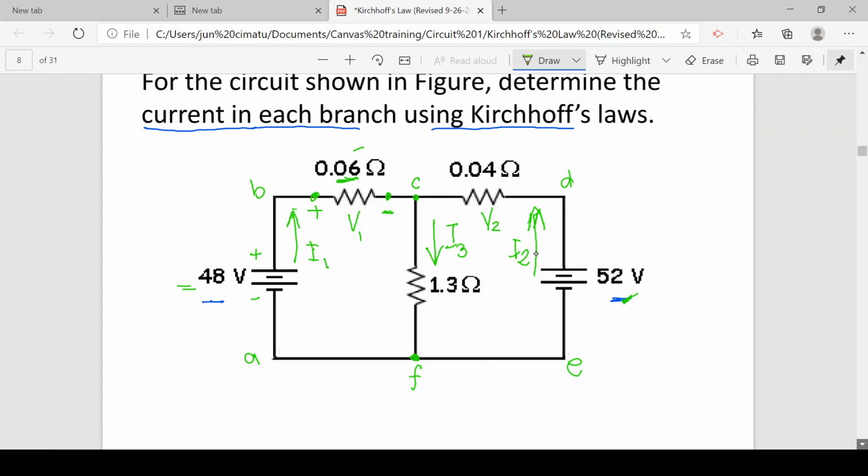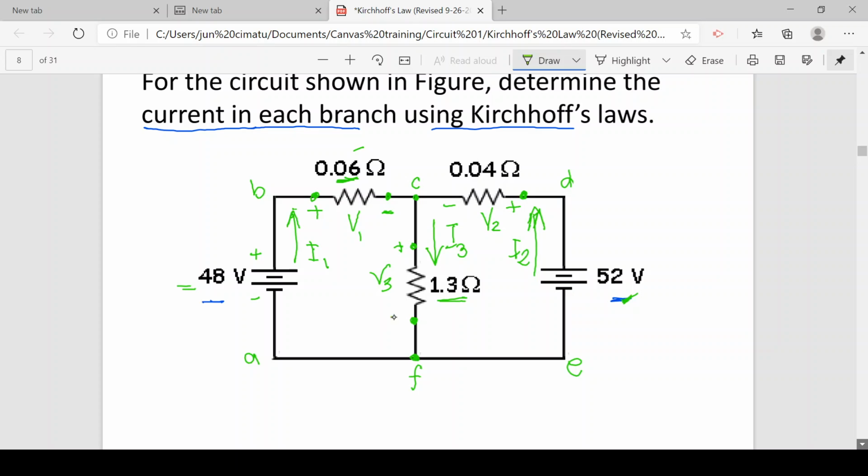And we see that the current I sub 2 is entering at this terminal of B sub 2, so this is positive and this is negative. While at the 1.3 ohm resistor, we can see that I sub 3 enters at this terminal, and therefore this is positive. And let's name this voltage as B sub 3.